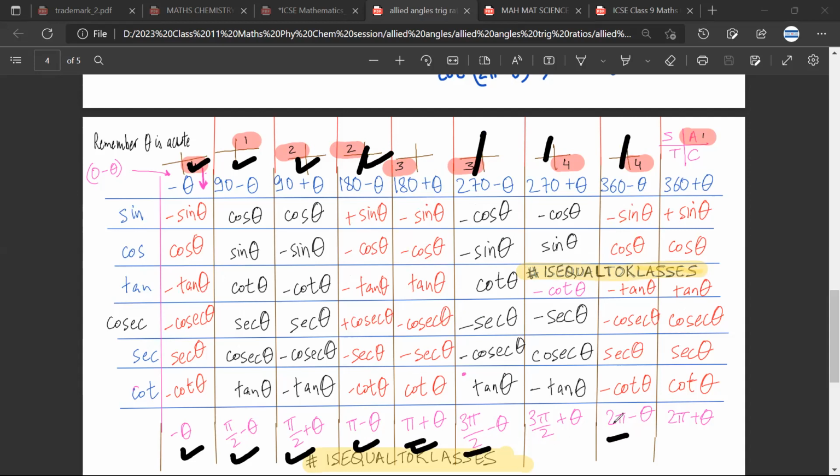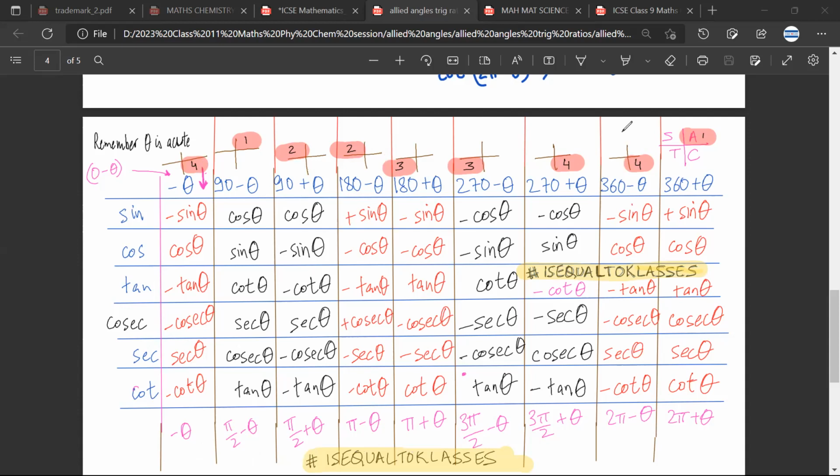Initially you'll face a bit of resistance, but in the next 6 months it will be okay. So basically, the focus of this lecture would be to understand how within 30 seconds we will be able to understand the value of any of these 54 values. Are we clear? Okay.